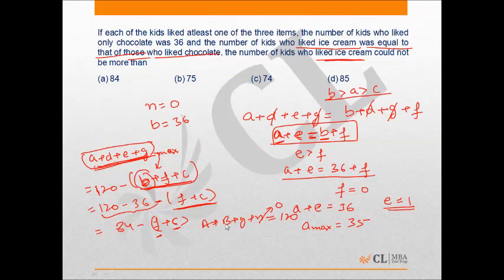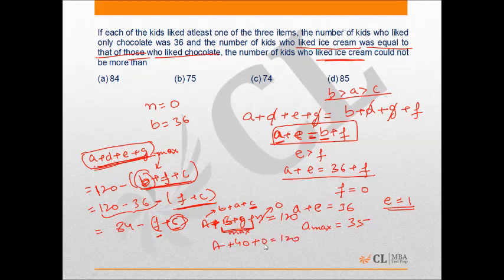So I will take the maximum value of B plus G, because in order to calculate this C as minimum, I know that A is equal to B plus A plus C, right? So in order to calculate the minimum value of C, I will maximize the other value, and I know the maximum value of B plus G is 40 from the last question, right?